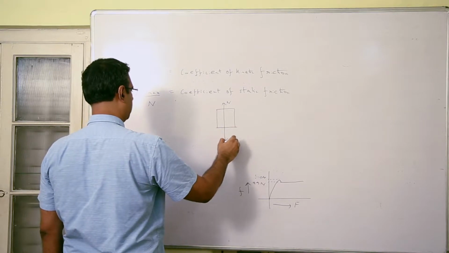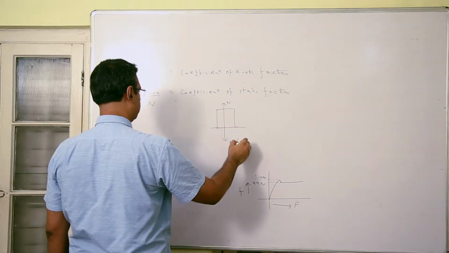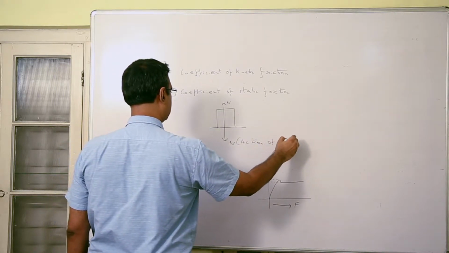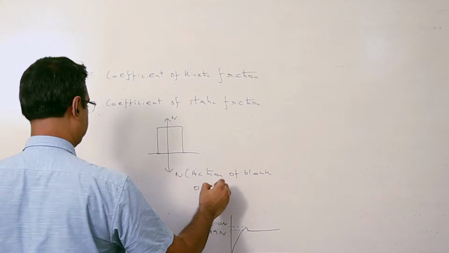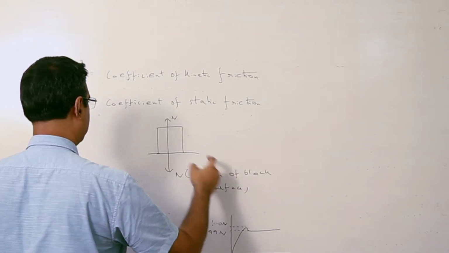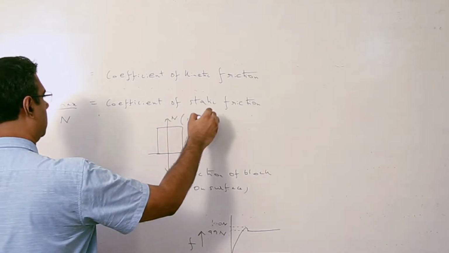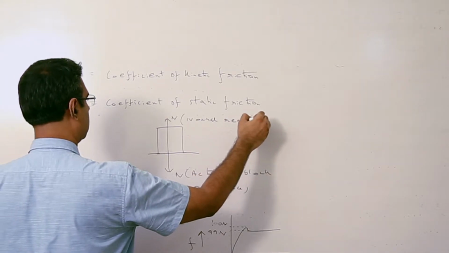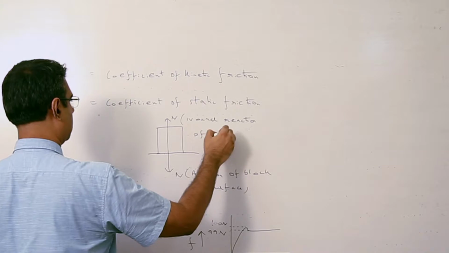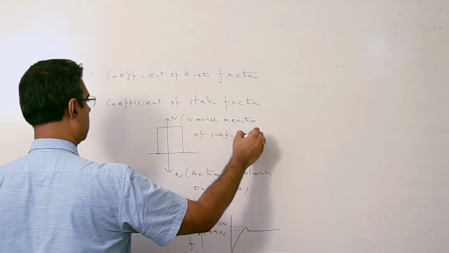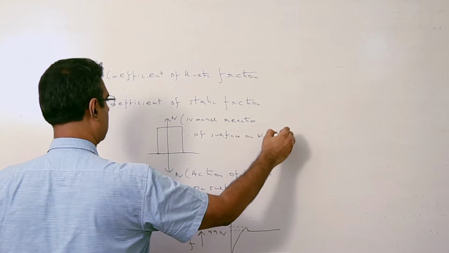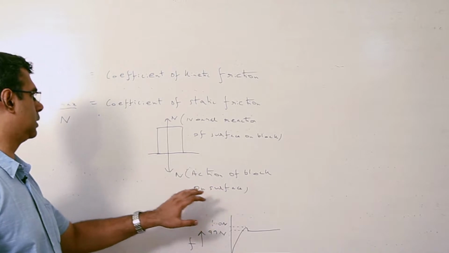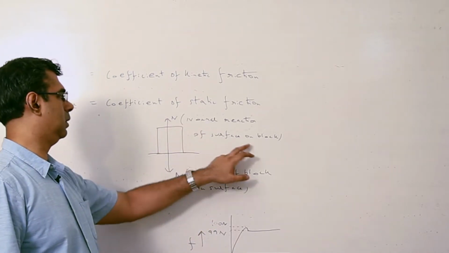What I mean to say is that when a block is resting on a surface, then N is the action of block on surface, as you can see, and this N is what we call normal reaction of surface on block.